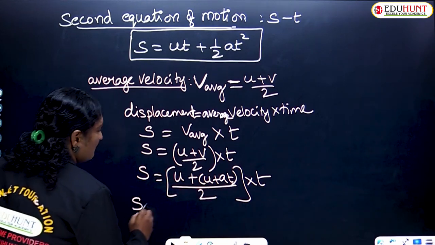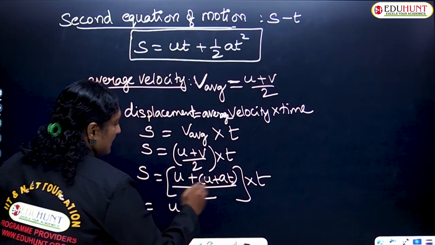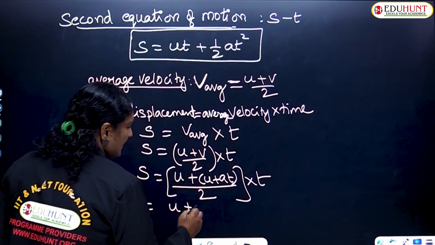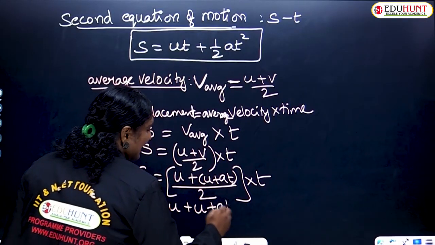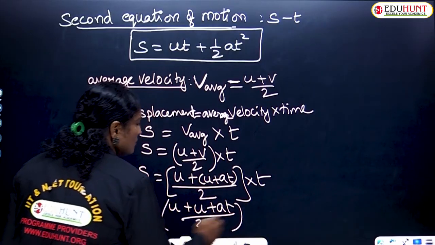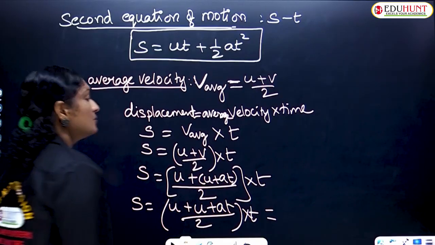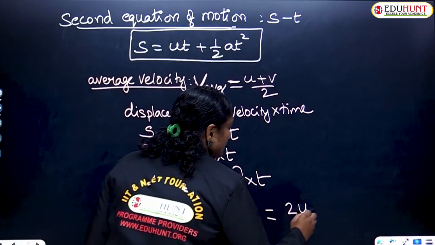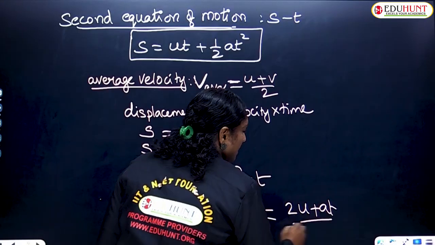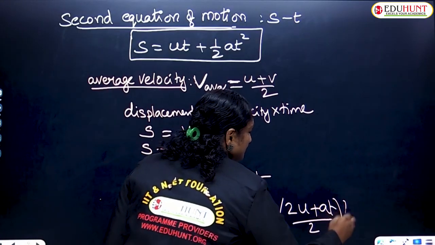Now after simplifying, this u and this u, just open the bracket, (u plus at) by 2 into t. u plus u, how much, children? 2u. Very good. (2u plus at) upon 2 into t.